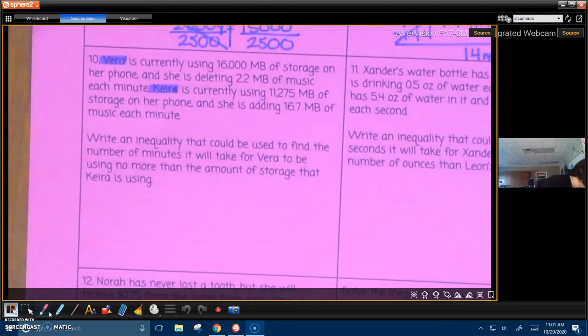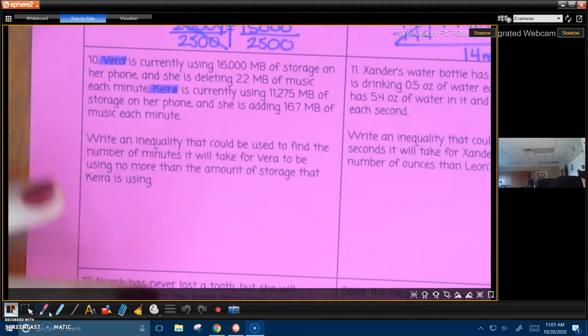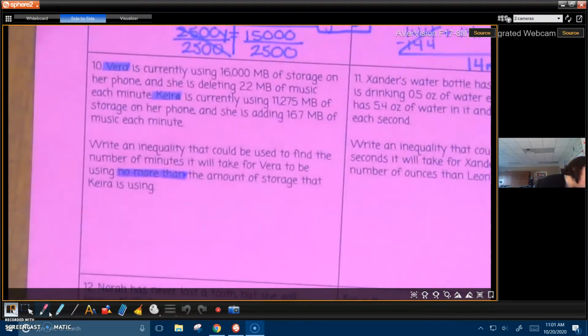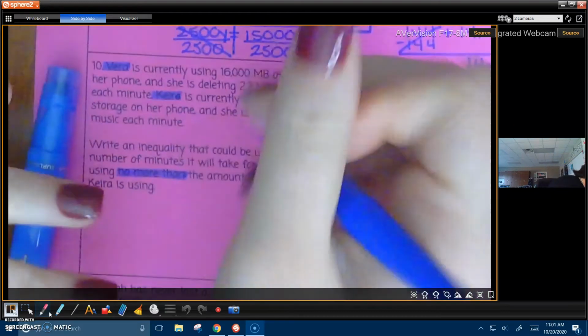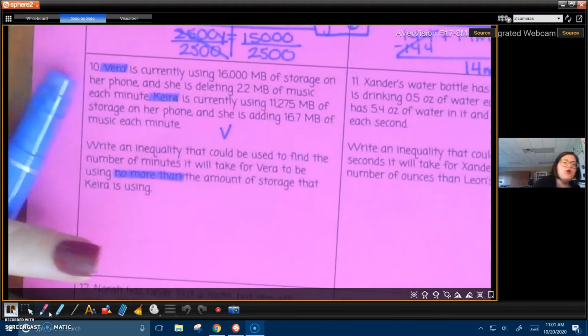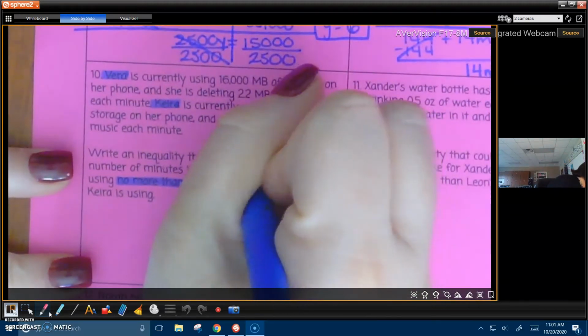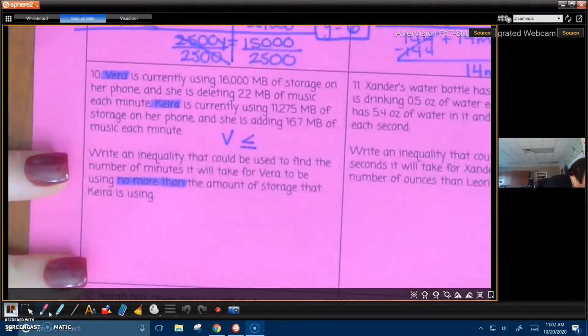It says write an inequality that could be used to find the number of minutes it would take for Vera to be using no more than the amount of storage that Kira is using. So we're going to write a statement so that Vera no more than. If it's no more than, then that means it's less than or equal to Kira.